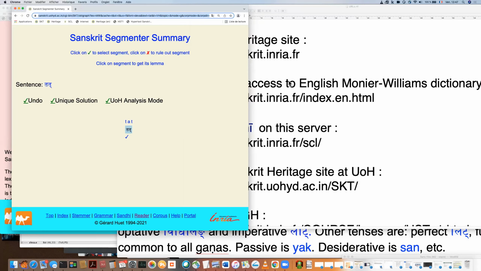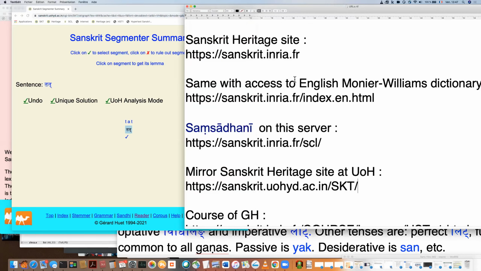You are getting the morphological analysis of the word tat. Yes, you can enter any text. It will segment it and then show the morphological analysis of each of the segments. Okay, I will try.